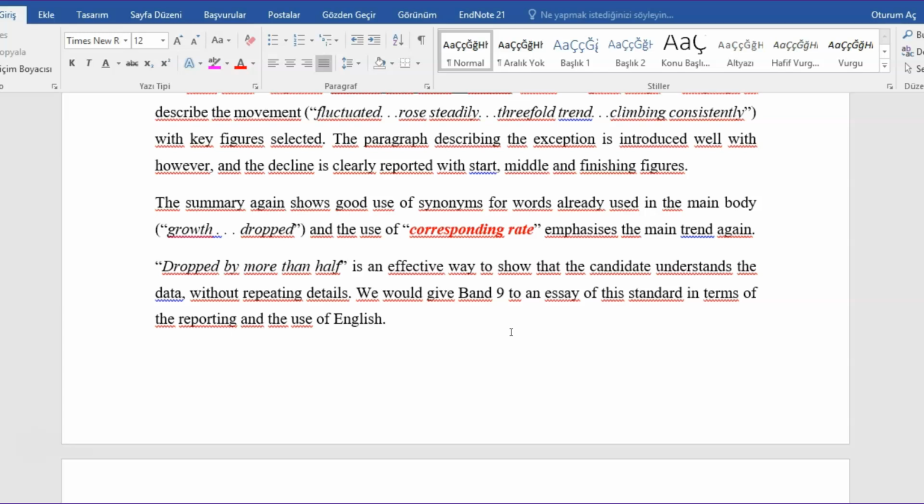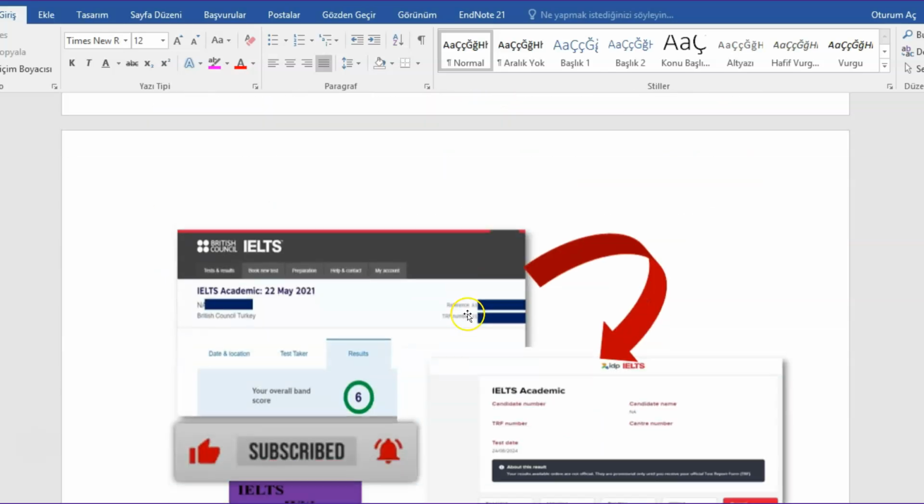This is a pretty good model for showing how to set a group of data, and by learning this, we can get a higher score in our writing task 1.